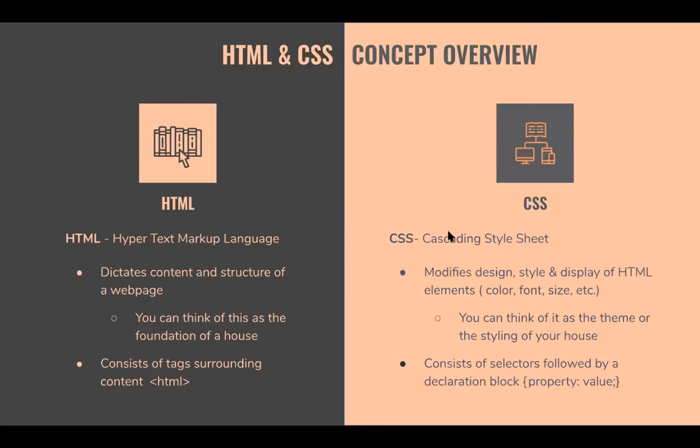The way that relates to a house is that if you want the windows to look a certain way, that's your CSS, while your HTML is more the structure of the window itself. So again, HTML uses tags, and with CSS we use selectors, which are just little squiggly brackets. Whenever you see a squiggly bracket, you know you're using CSS, and that'll make a lot more sense very soon when you get to do it.